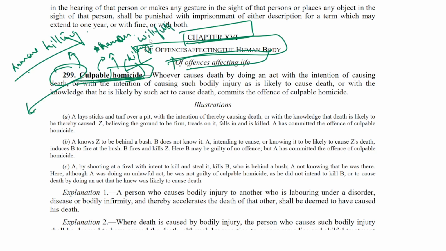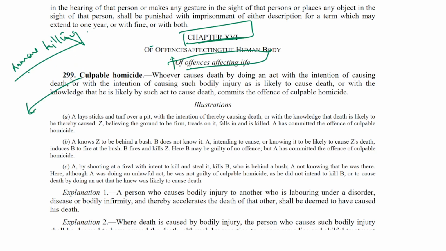So basically, if we take the whole meaning of culpable homicide in layman's terminology, so that it becomes clearer for everybody to understand, culpable homicide is nothing but willful killing of a human.